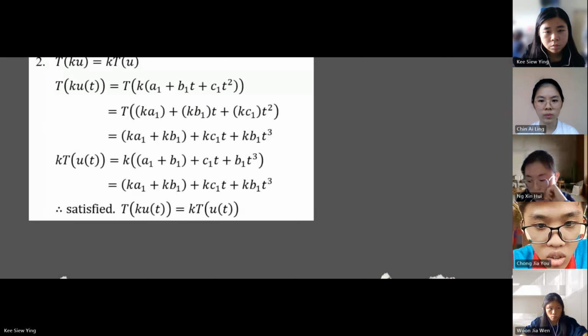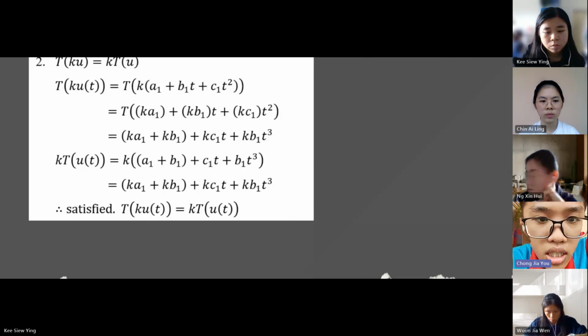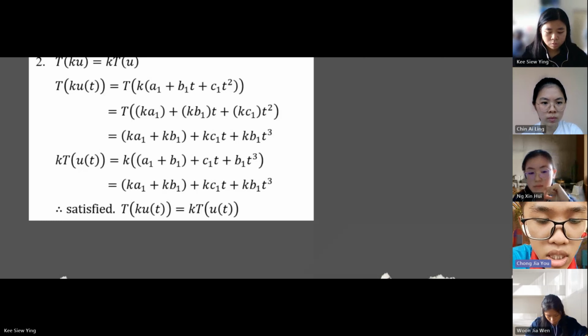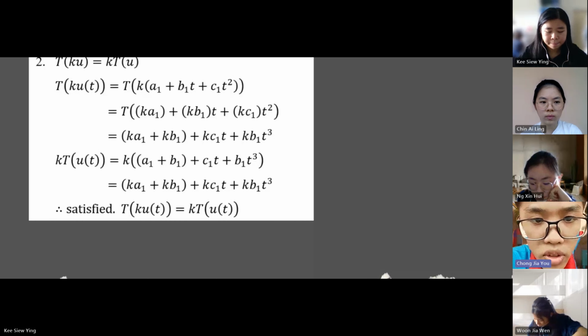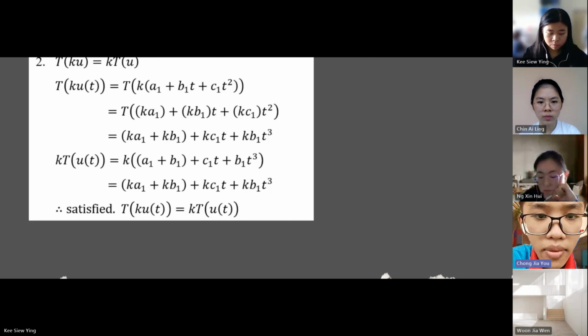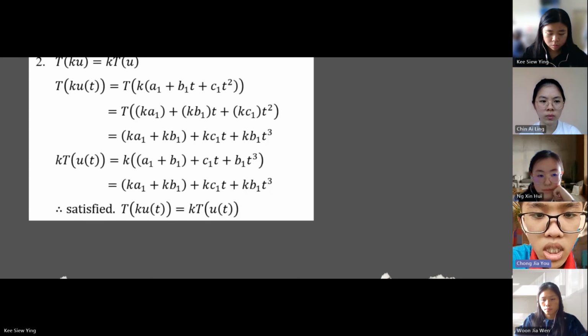So to prove the scalar multiplication, which is T(kU) equal to kT(U). First I will prove the left-hand side, which is T(kU(t)) equal to T(k times (a1 + b1t + c1t²)), where we take out the scalar and multiply with a1 + b1t + c1t².